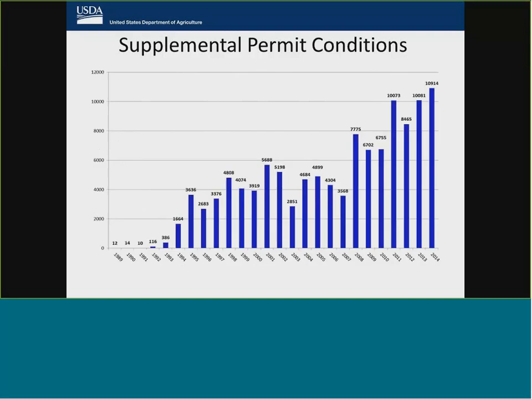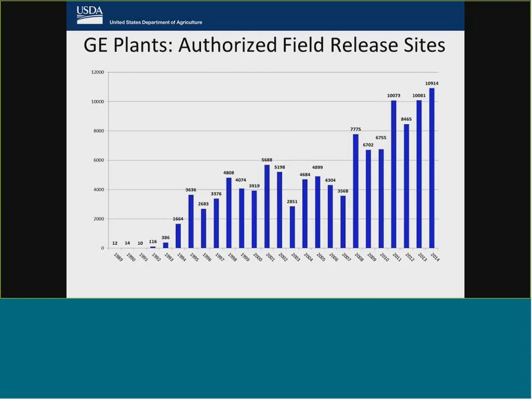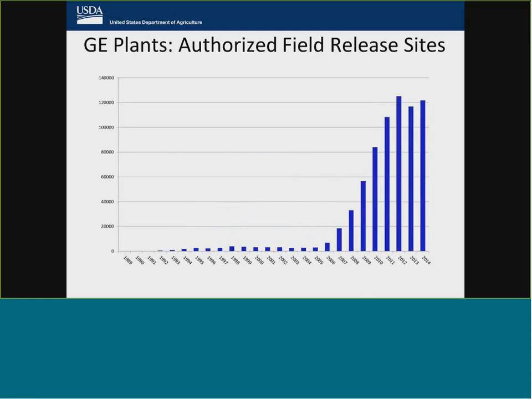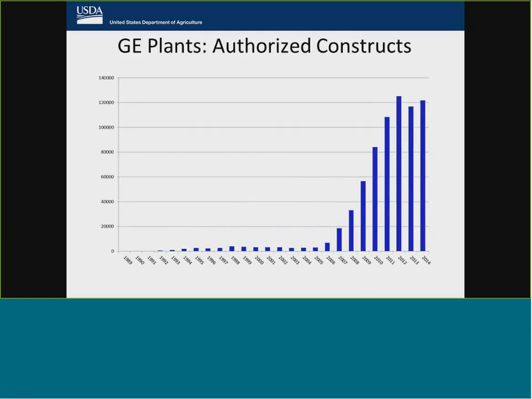So, to give you a sense of the scale that we're talking about, this is the number of field release sites authorized each year since 1989, and you can see that in 2014 we were approaching 11,000 field release sites authorized, 120,000 different authorized constructs. All that is actually a little bit of a misnomer because of the way these numbers are counted.